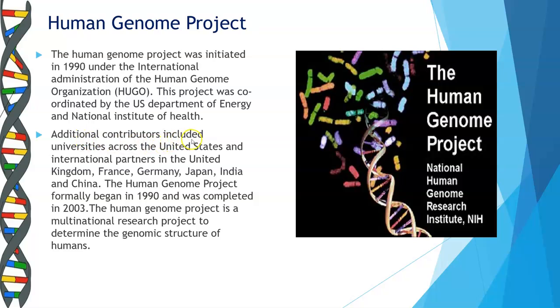Additional contributors included universities across the United States and international partners in the United Kingdom, France, Germany, Japan, India, and China. The Human Genome Project formally began in 1990 and was completed in 2003. The Human Genome Project is a multinational research project to determine the genome structure of humans.